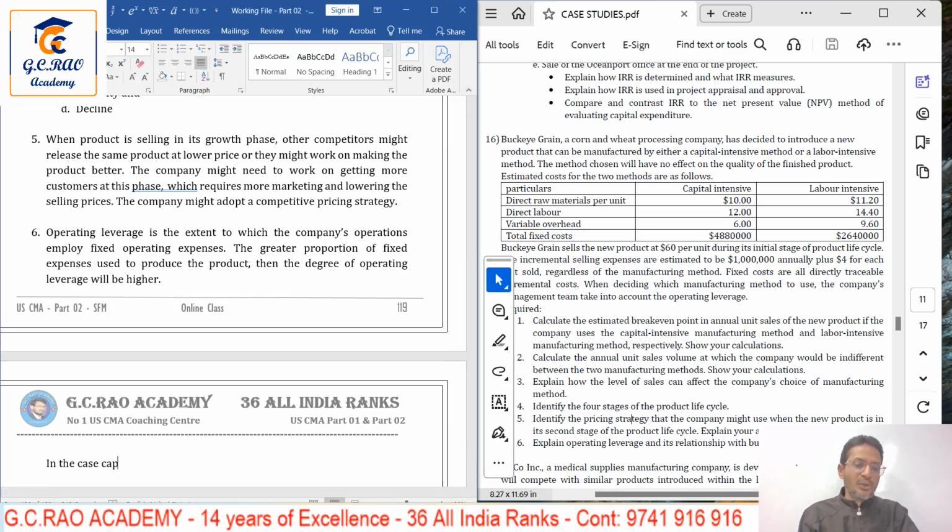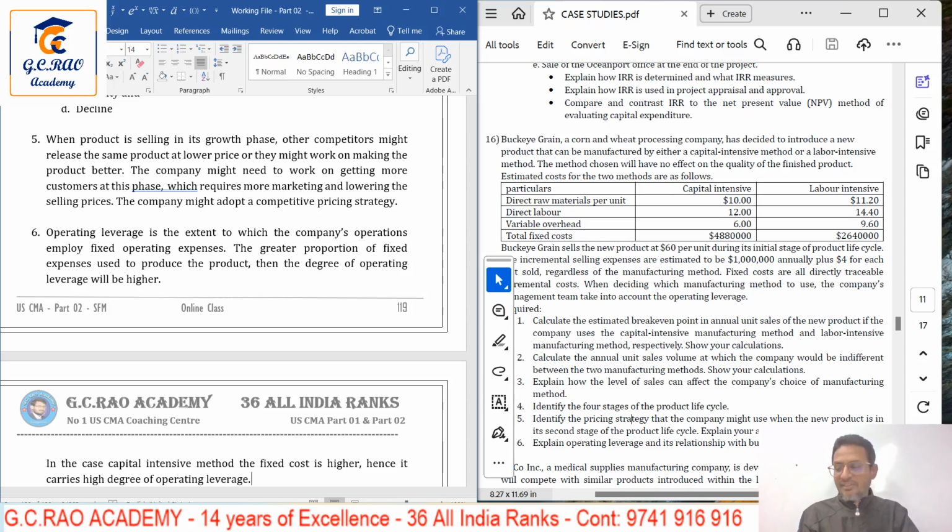Next para. In the case of capital intensive method, the fixed cost is higher. Correct? Hence, it carries a high degree of operating leverage.